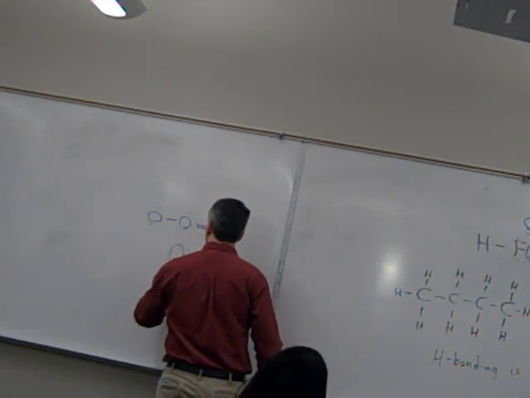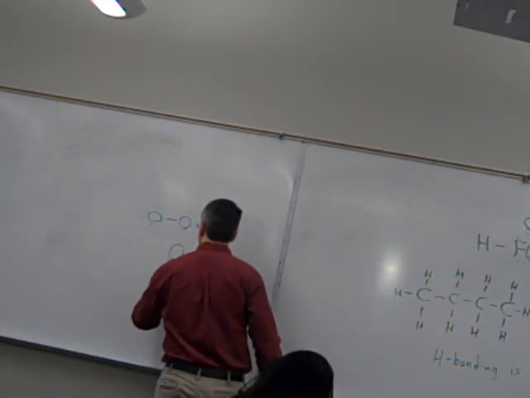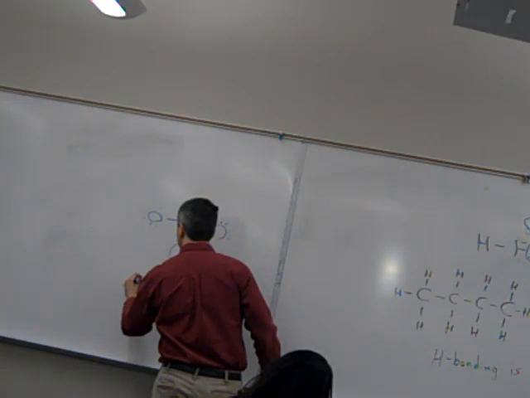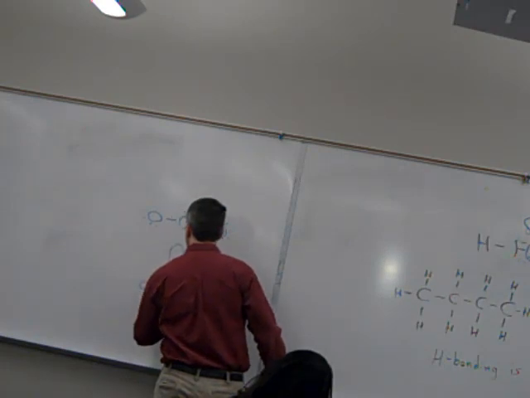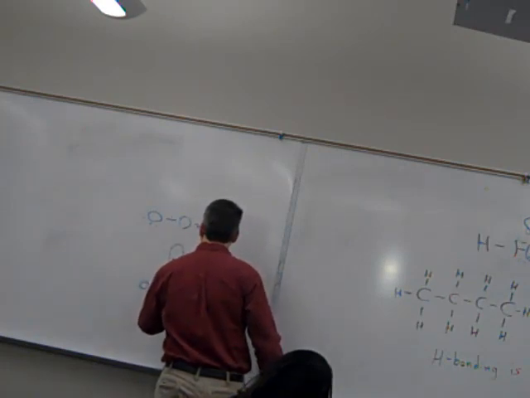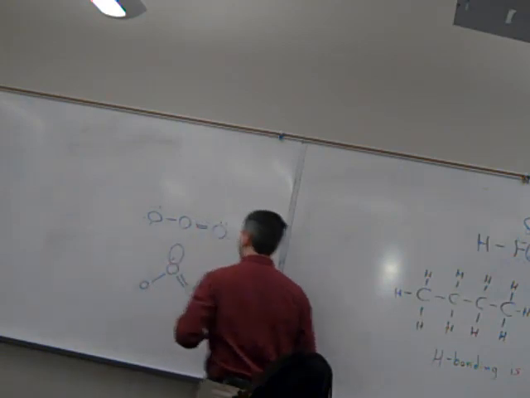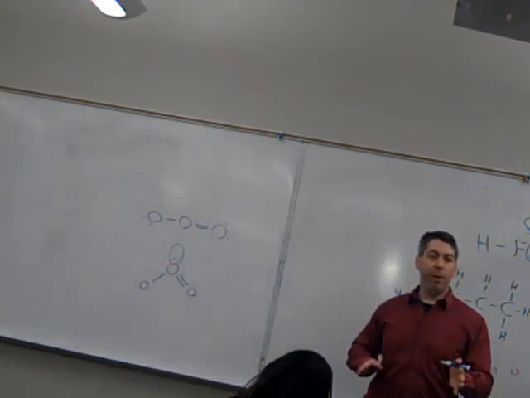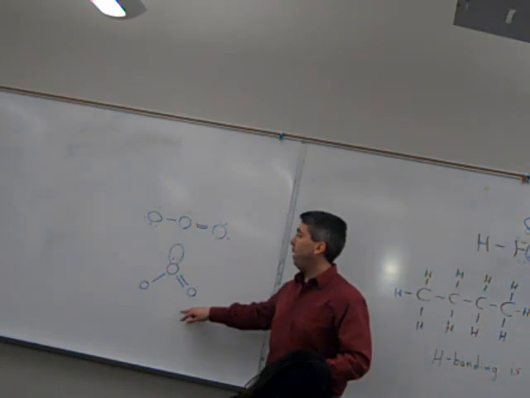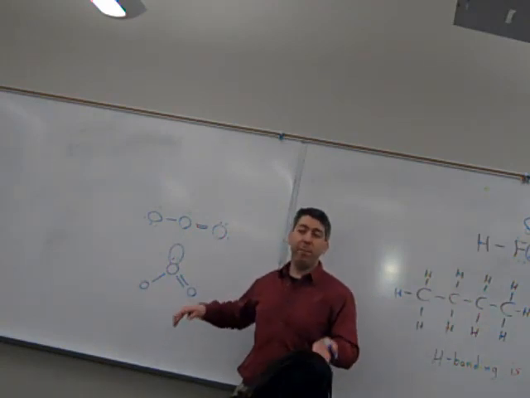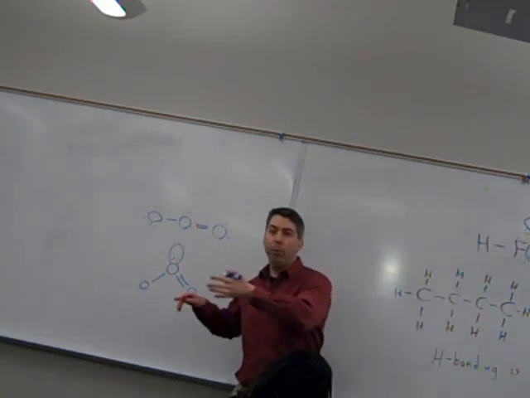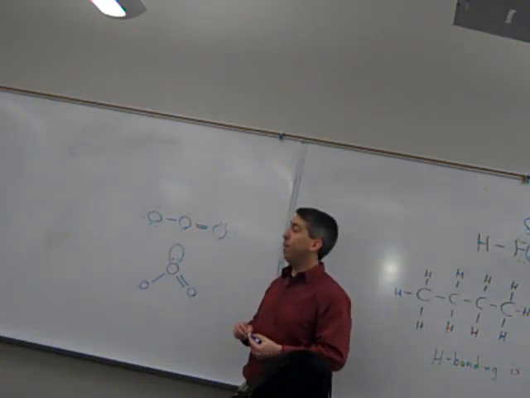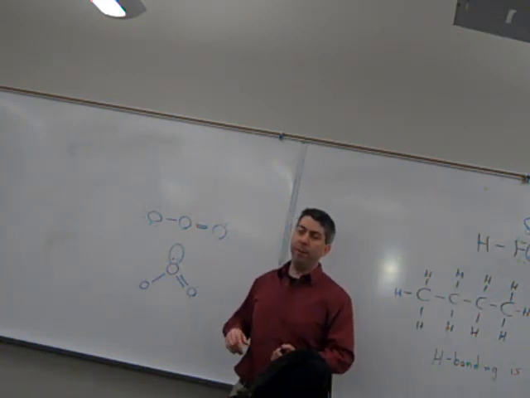You have this cloud of electrons up here, and you have a bent molecule here. And what ends up happening here, you get a disequilibrium of charge, and this ends up being a polar molecule. So you can actually have polar molecules with non-polar bonds. And you can also have non-polar molecules with polar bonds.